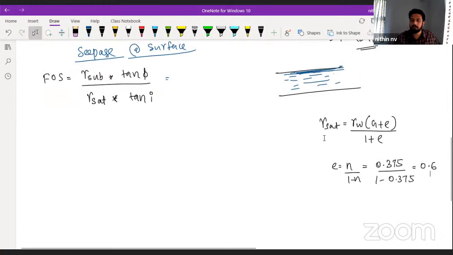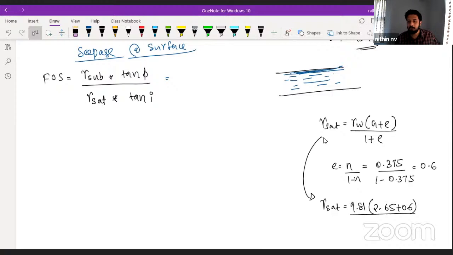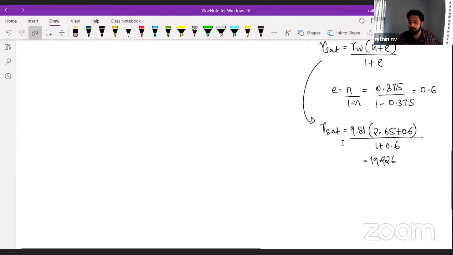Now we can directly substitute gamma w 9.81, if you are putting in kilonewton per meter cube, and 2.65. How much are you getting for gamma saturated? Are you getting the same value?